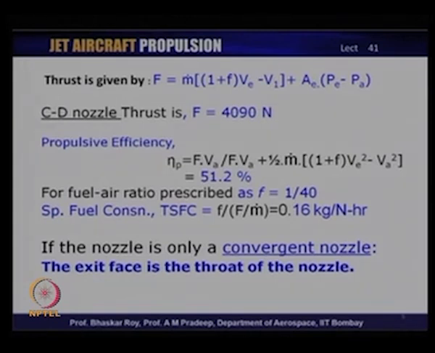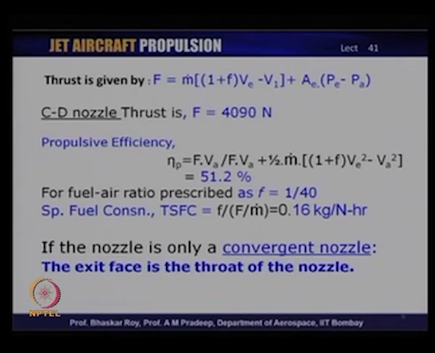Using these values, one can find the propulsive efficiency using the relation that we have done before, and that comes out to be 51.2%. And as the fuel air ratio is prescribed as 1:40, using that we can now find the TSFC, the thrust specific fuel consumption, and that now comes out to be 0.16 kilograms per Newton hour.